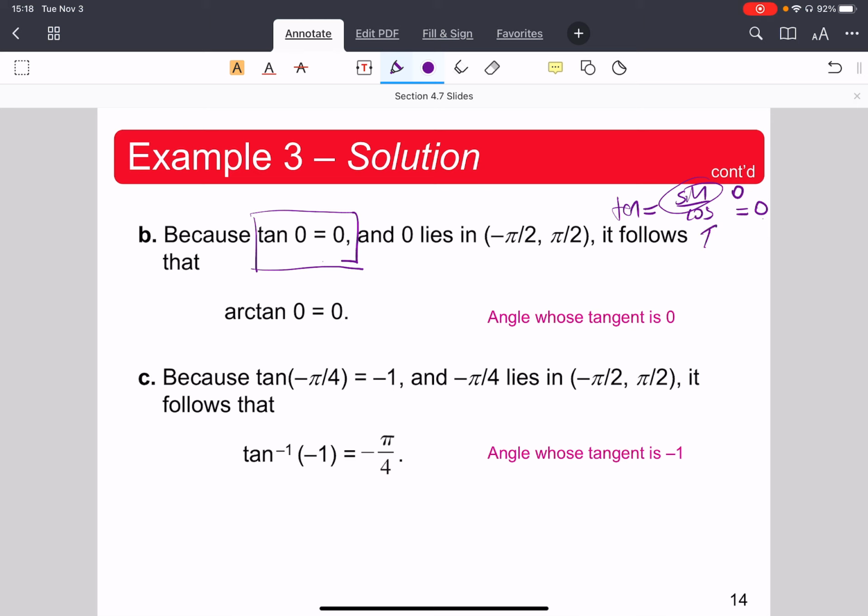And the bottom cannot be 0, because cosine being 0 would be undefined. So sine has to be 0. We need to find angles that make sine 0, and that angle is going to be 0. And we know that 0 lies in the range of the arctangent function, which is negative pi over 2 comma pi over 2. So then arctangent of 0 must be 0.